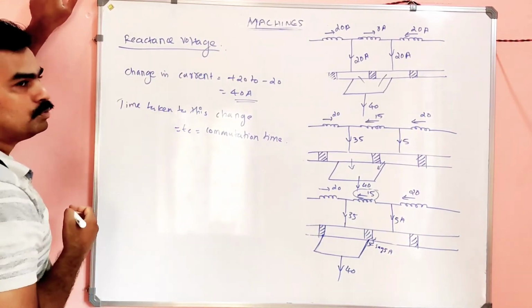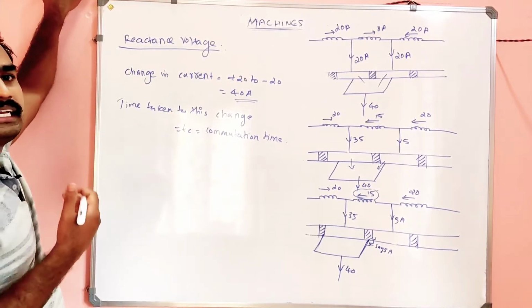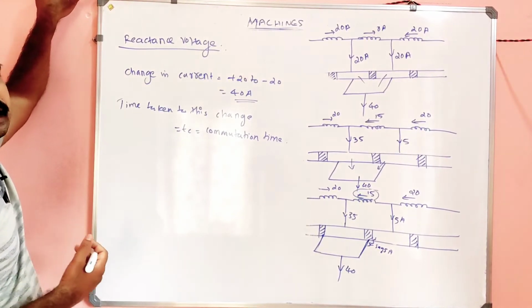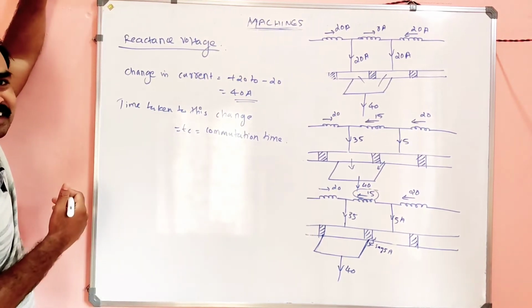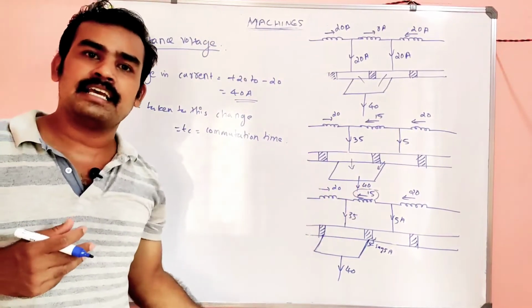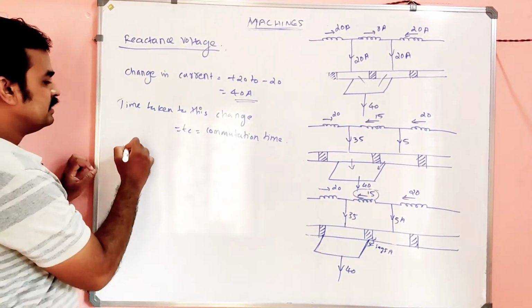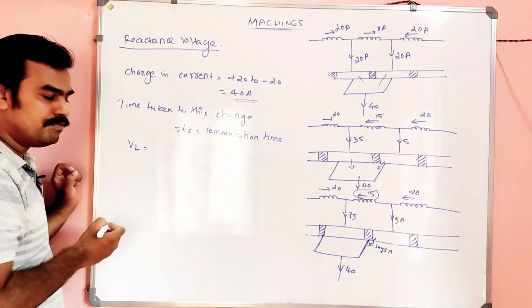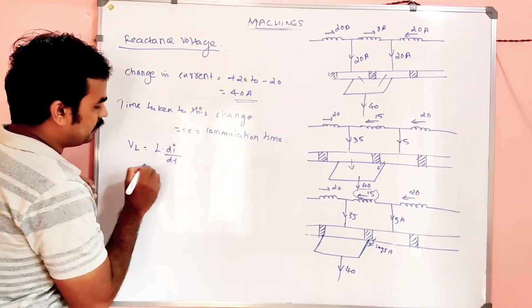Then according to Faraday's laws of electromagnetic induction, whenever there is a change in current in the inductor, that inductor will produce an induced EMF in the opposite direction, to oppose the change in current through it. That induced EMF is nothing but, my dears, VL. VL is equal to minus L into di by dt. You know this, right?